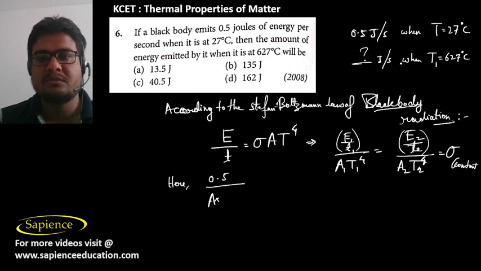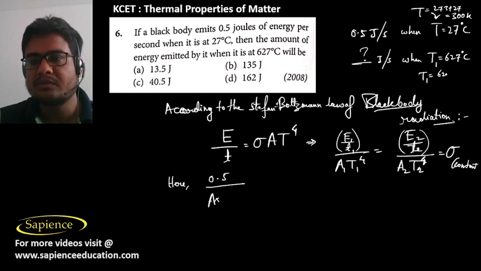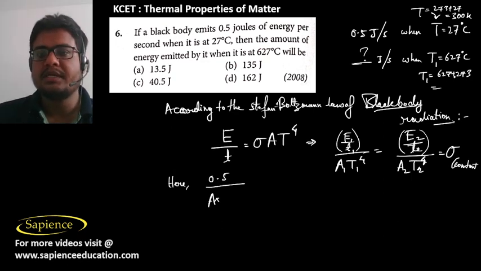So we have to convert into the absolute scale. So T will be equal to 273 plus 27, that is equal to 300 Kelvin, and for T1 we have to find in absolute scale, that is 627 plus 273, so that is 900 Kelvin.